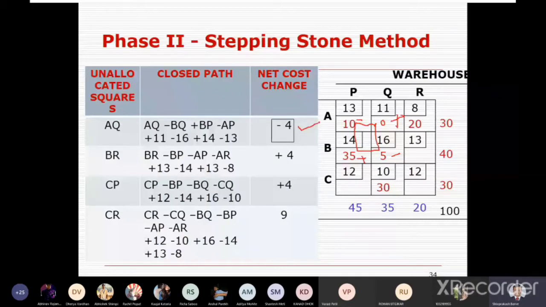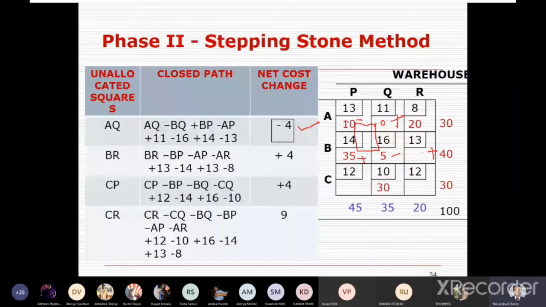Like this, if I am preparing the closed path for BR, so for BR, this is the BR. Here mark plus sign. And here also you can get the closed path, that is from BR, then BP, then AP, and then AR.